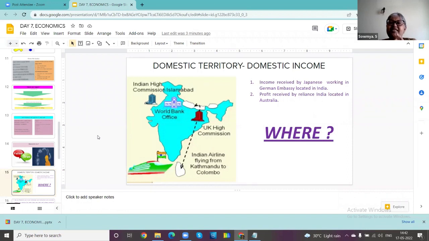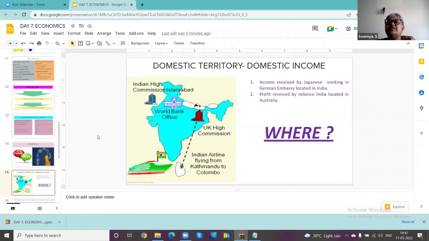Indian military, wherever it is going to be, it will be only Indian military. If it goes to Afghanistan or Iraq or Iran for some peacekeeping mission, will it become Afghanistan military? No. It will be Indian military only. Same way, Indian embassy, wherever it is, will still remain our embassy. So embassies, foreign consulates, and military establishments of our country remain our domestic territory only.